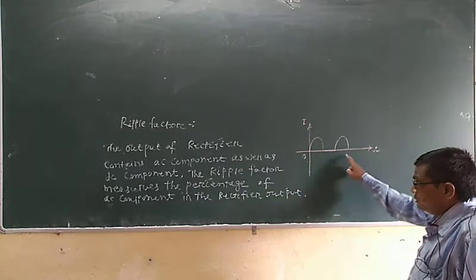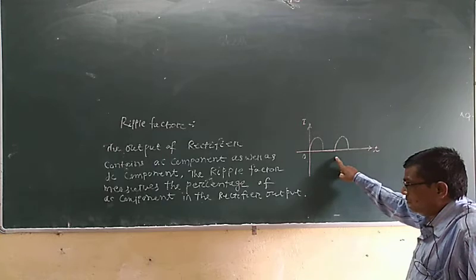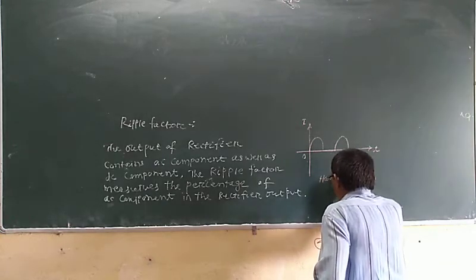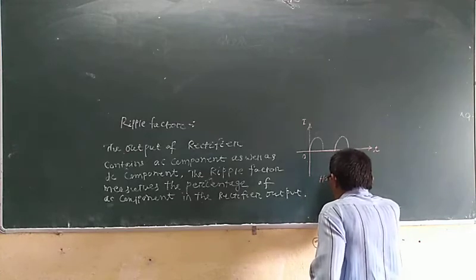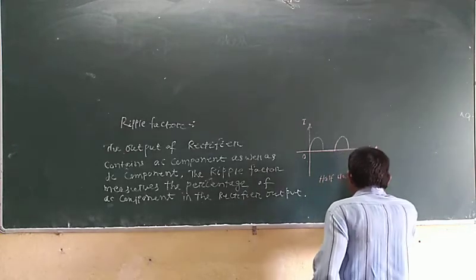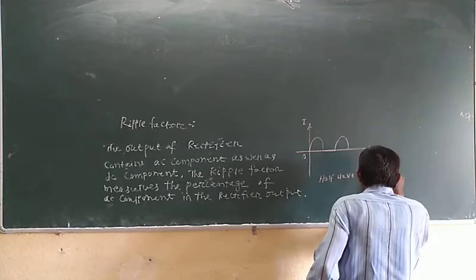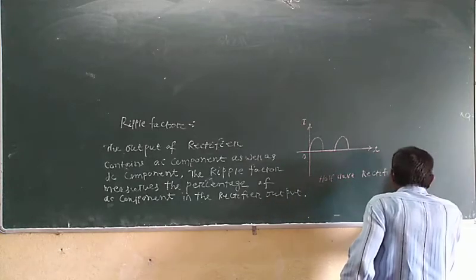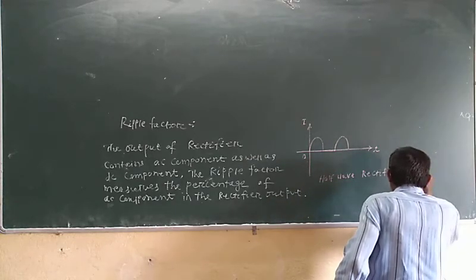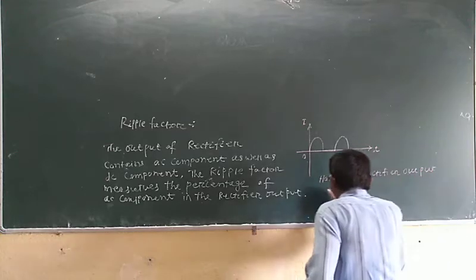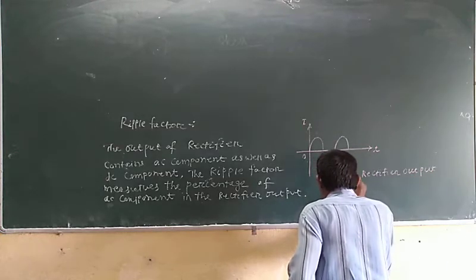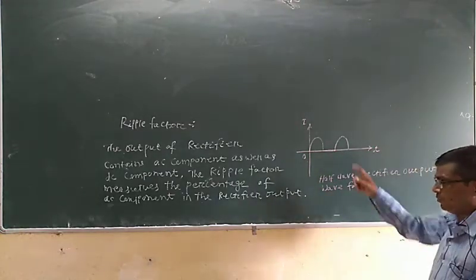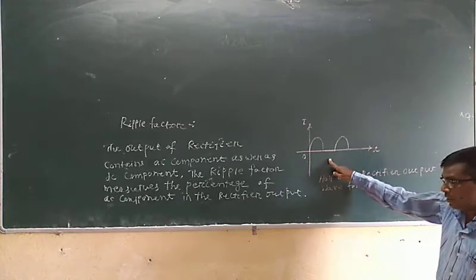So this is the half wave rectifier output waveform. So this is the previous class discussion.